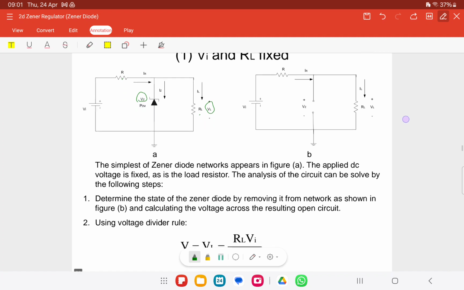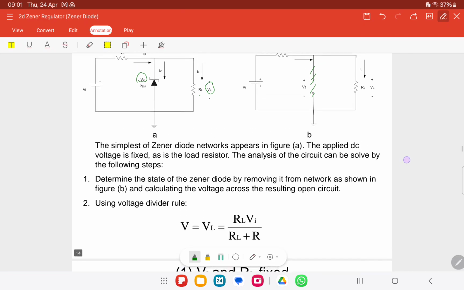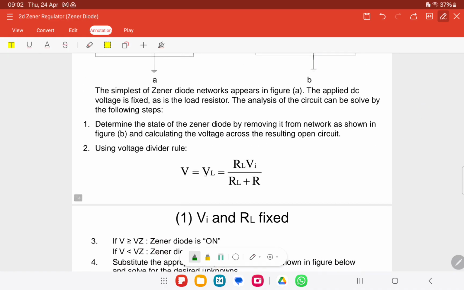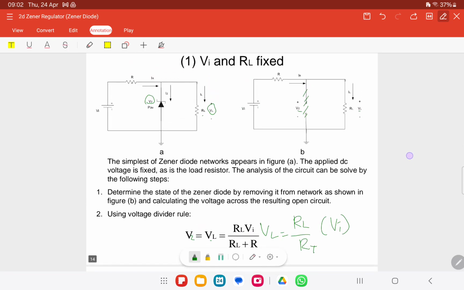How to determine it: we remove, first we assume to remove the diode, because we want to calculate the VZ and VL. So this one, let's say VZ equals VL, using the voltage divider formula: RL over R total multiplied by the V supply. That is VL. Same, right?